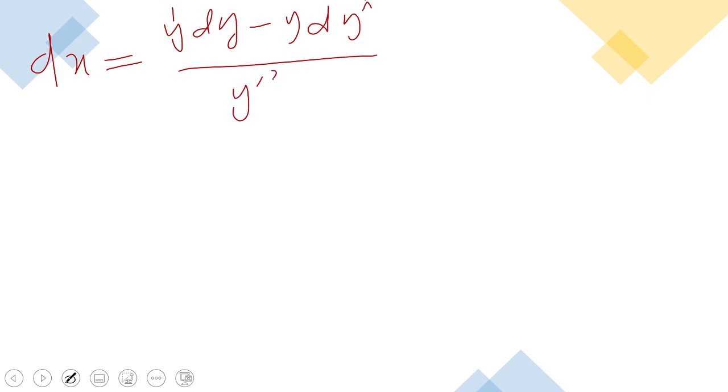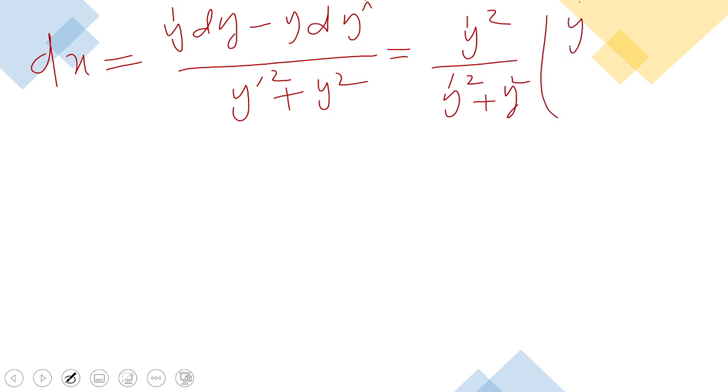So that is y dash dy minus y dy dash over y dash square plus y square. You can put it in this way: y dash square by y dash square plus y square, and y dash dy minus y dy dash over y dash square.